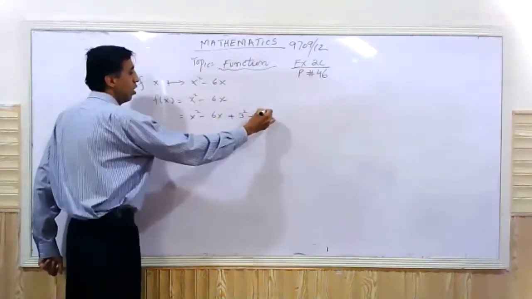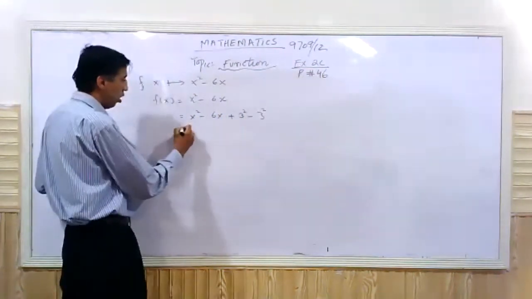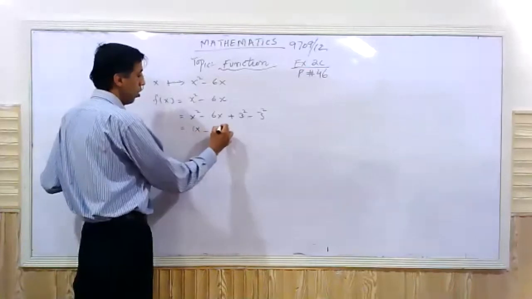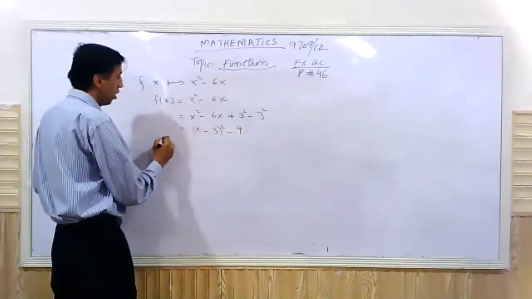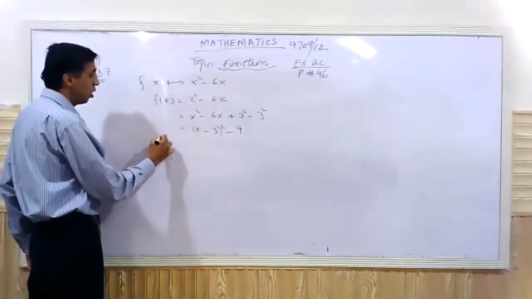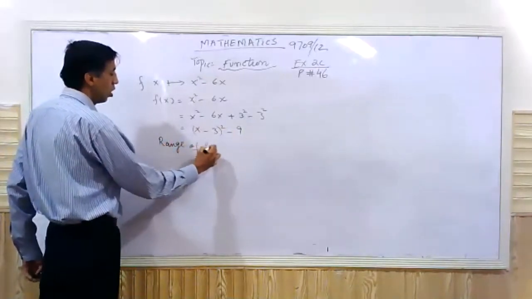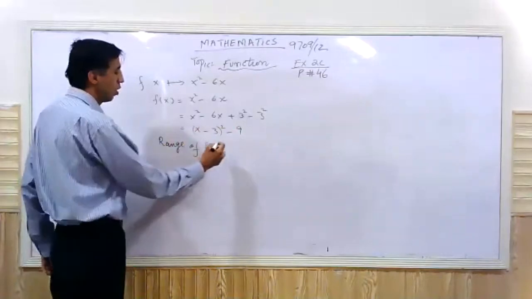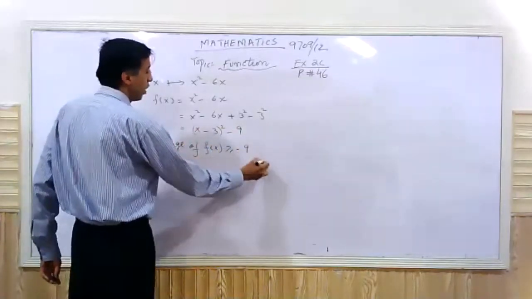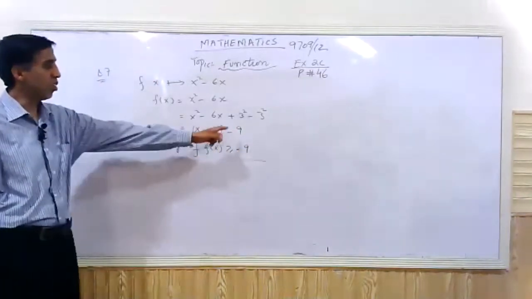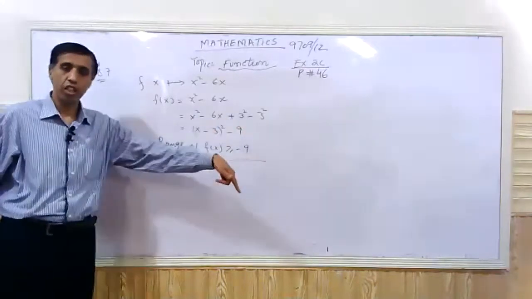First, convert it into the completing the square method. So the range would be greater than or equal to minus 9. Whatever the constant value is over here would be the range.